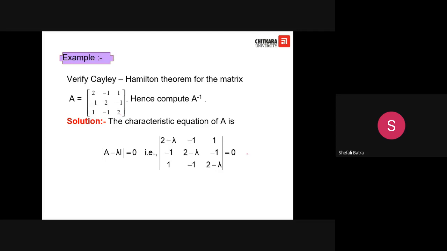is equal to 0, right? Now simplify it and let me know what the characteristic equation will be.